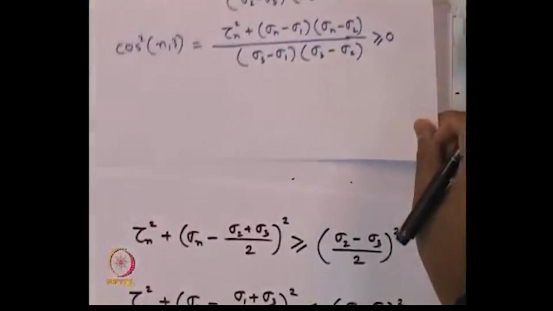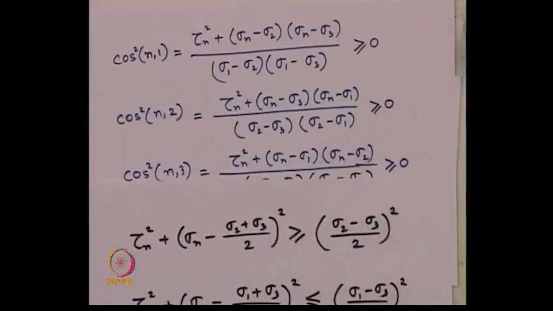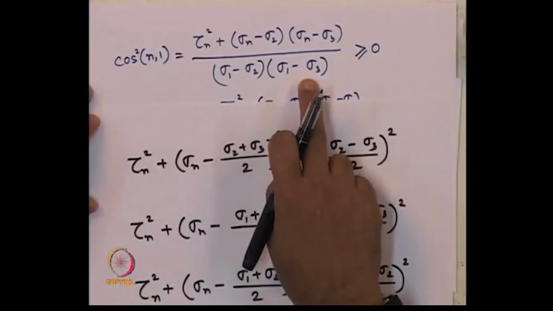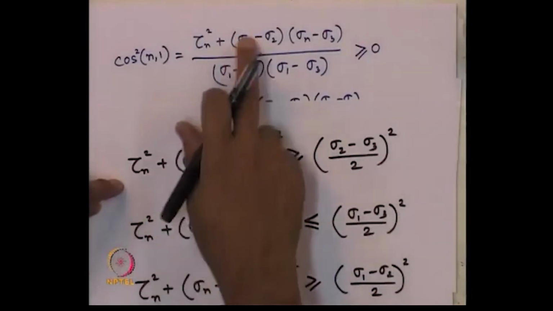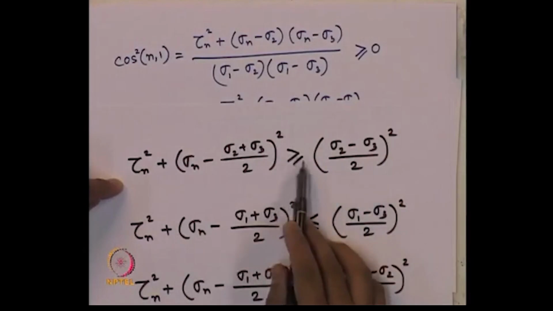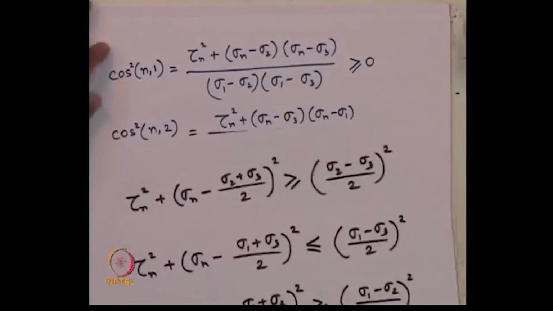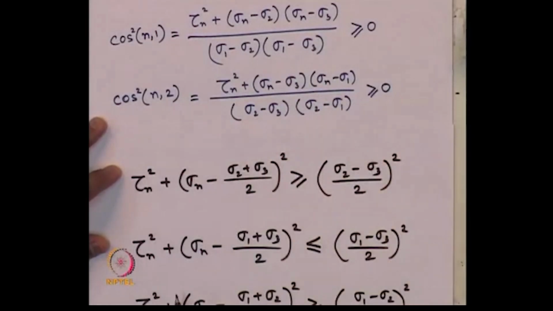What does it mean? Where from they have come? Let us put it back here again. From this relation, as I said, this is always positive. It will give us this one. If you simplify, if you take it here, it will be positive. You will get this greater than or equal to sign for this one. Whereas, for the second one, to satisfy this relation, this being negative, the relationship will come like this.